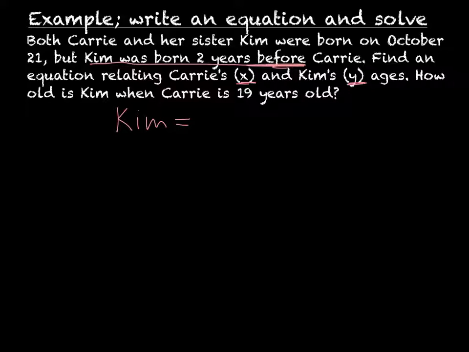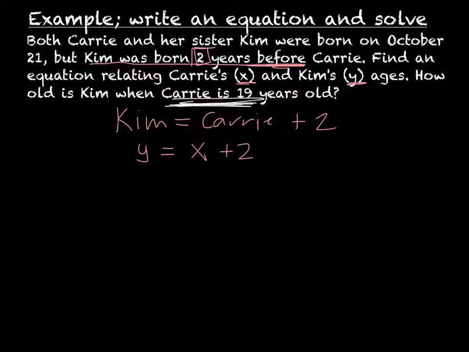So Kim is going to equal Carrie's age plus how many years older is she? She's 2 years older, so plus 2. So if I were to write that using x's and y's, y equals x plus 2. And then I can solve. Carrie is 19 years old. I want to know how old Kim is. So x equals 19.